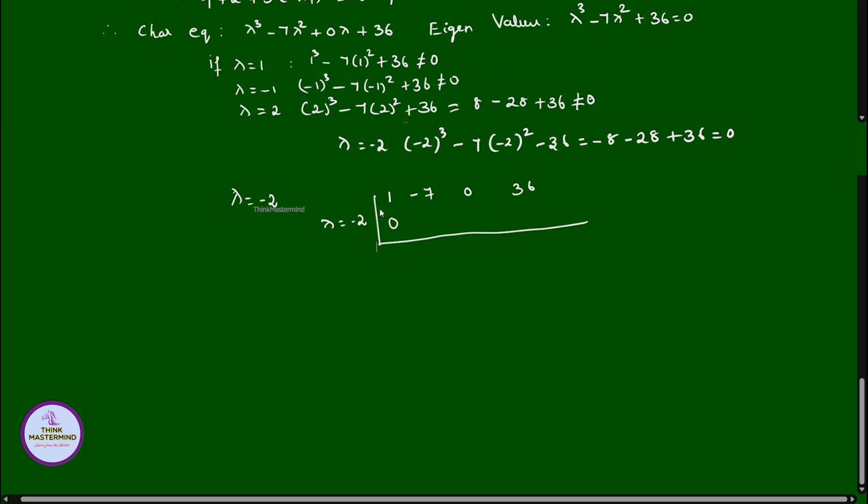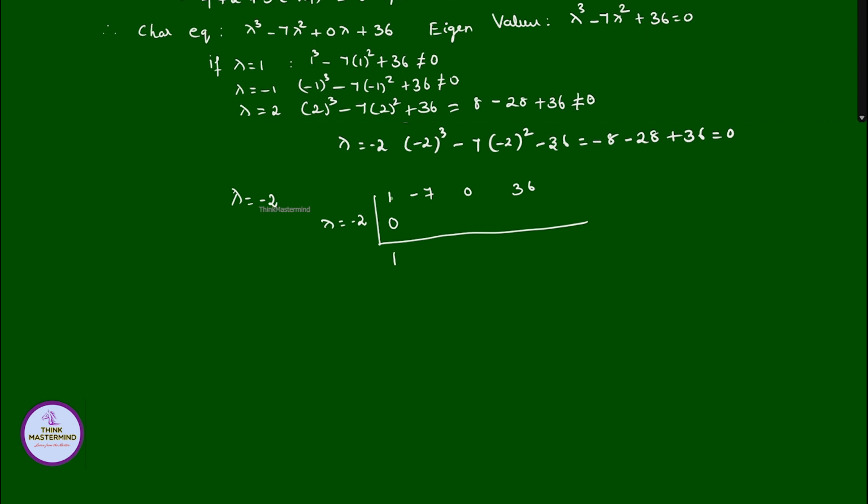Adding 1 plus 0, that is 1. 1 into minus 2, that is minus 2. Adding that, we get minus 9. Minus 2 into minus 9 is plus 18. 18 plus 0 is 18, and 18 into minus 2 is minus 36. So adding 36 and minus 36, the value is 0.